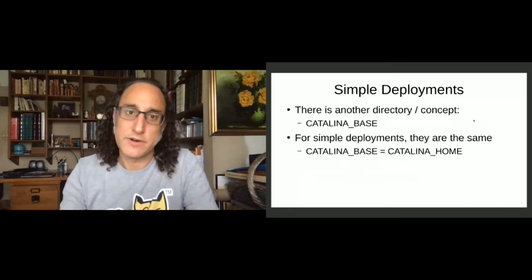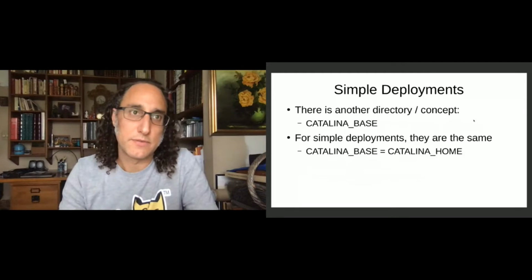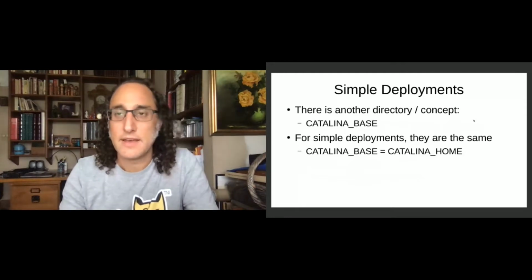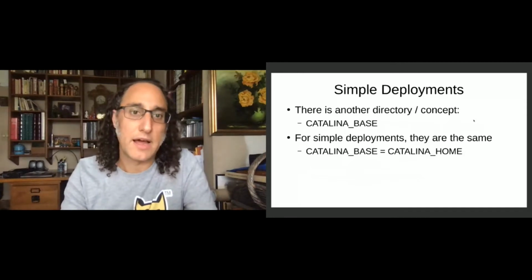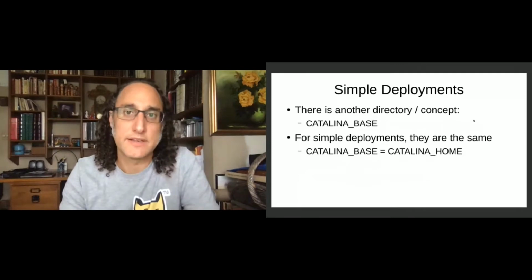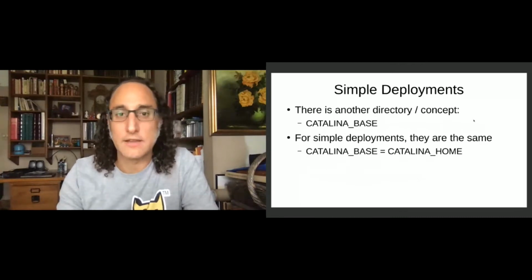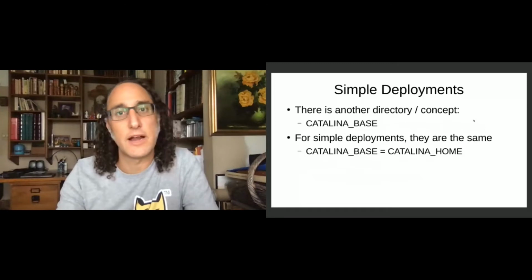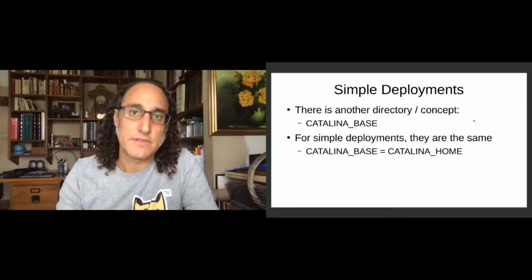There's another directory or concept that is called CATALINA_BASE. When I have it capitalized here, that means that it is an environment variable for your shell. And actually, when you launch Tomcat, the CATALINA_HOME and CATALINA_BASE environment variables are copied into JVM system properties.